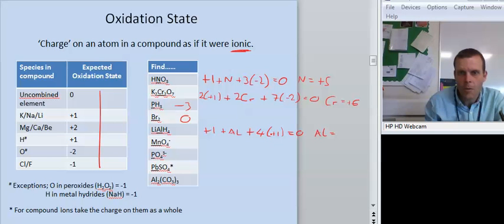So that should be -1, which means I'm going to end up with a positive value for my metal, which makes more sense. So that's -1, that's 4, so the aluminium there is going to be +3.